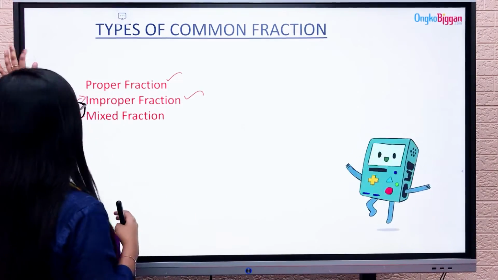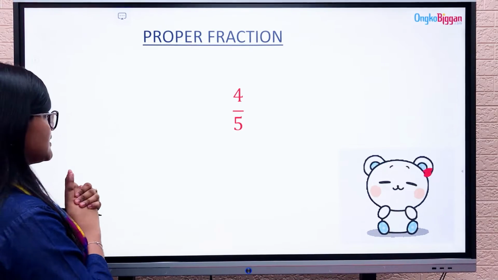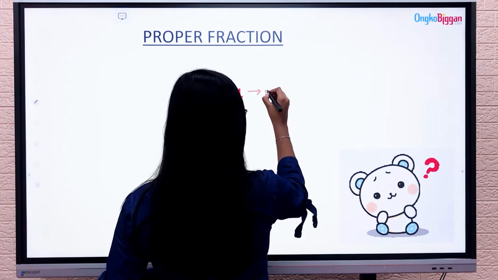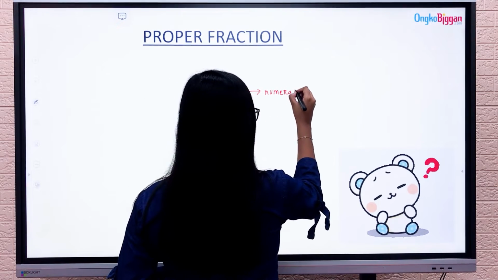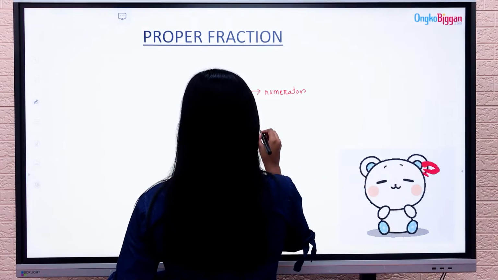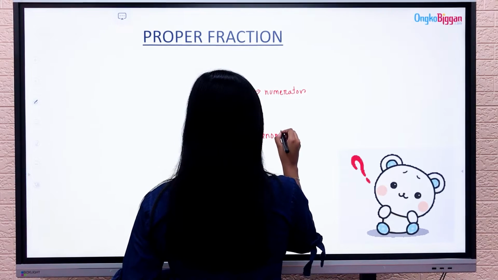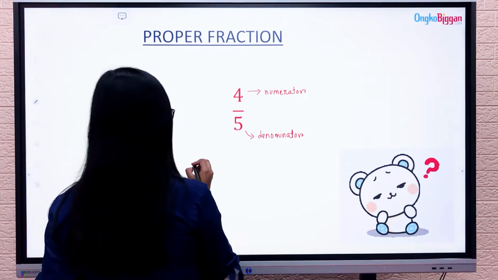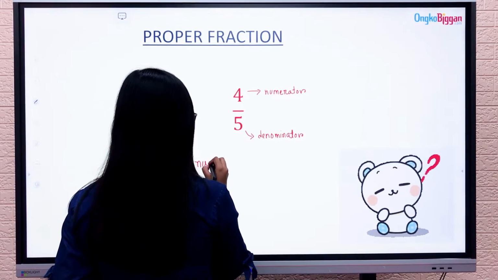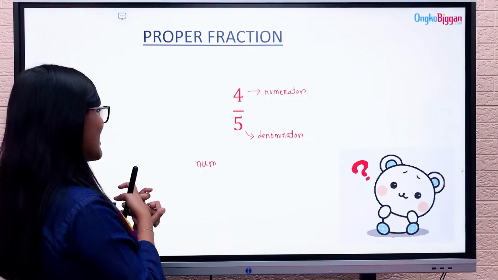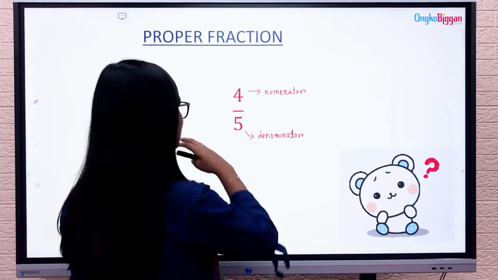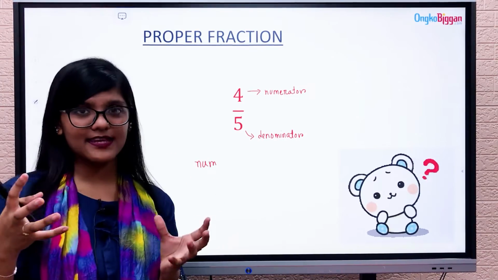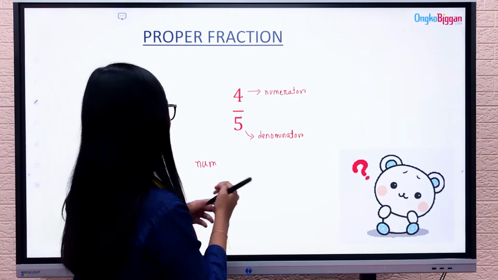So let's see what a proper fraction is. We already learned this is called numerator, and this is our denominator. In case of proper fraction, the denominator must be larger than the numerator. That means the total part of something is to be greater than the used part.